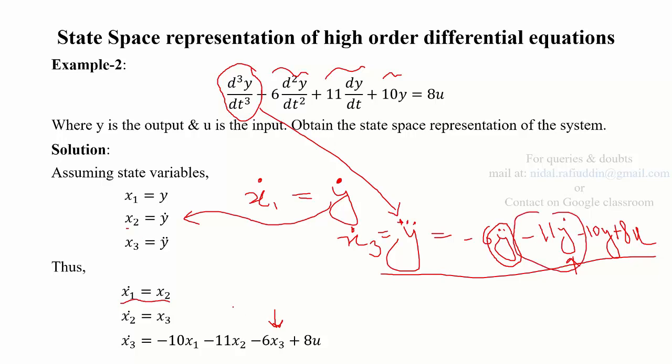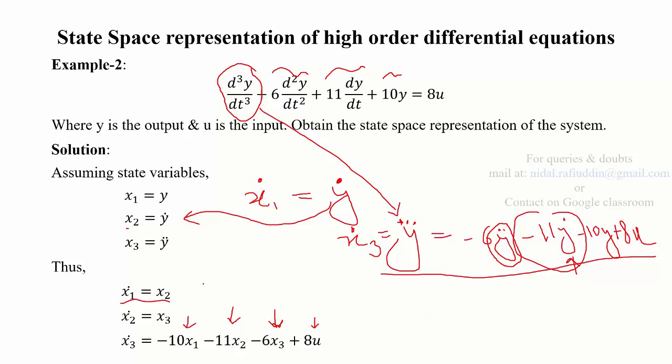Likewise, in place of y, you will be writing x1, and thus you replace minus 10 y by minus 10 x1, plus 8u, where u is the input. We are not going to alter this value u, because in state equations you have the input u as a part of it.